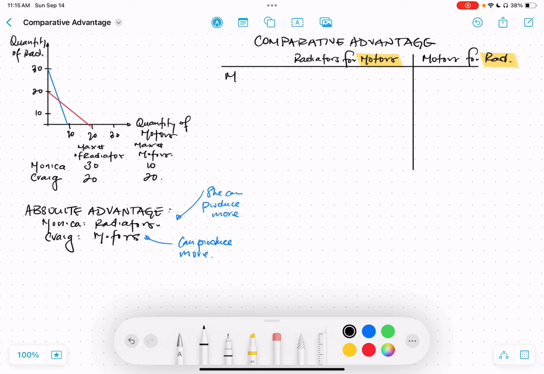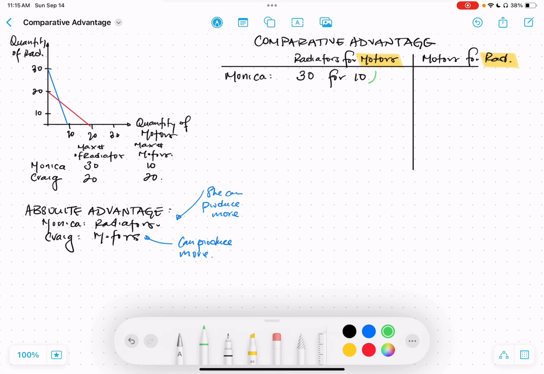So let's start with Monica. So if Monica wants to produce 10 motors, she has to give up 30 radiators. So 30 radiators for 10 motors. Now, this isn't particularly helpful for us right now in its current form because it's not simplified down to a common denominator.